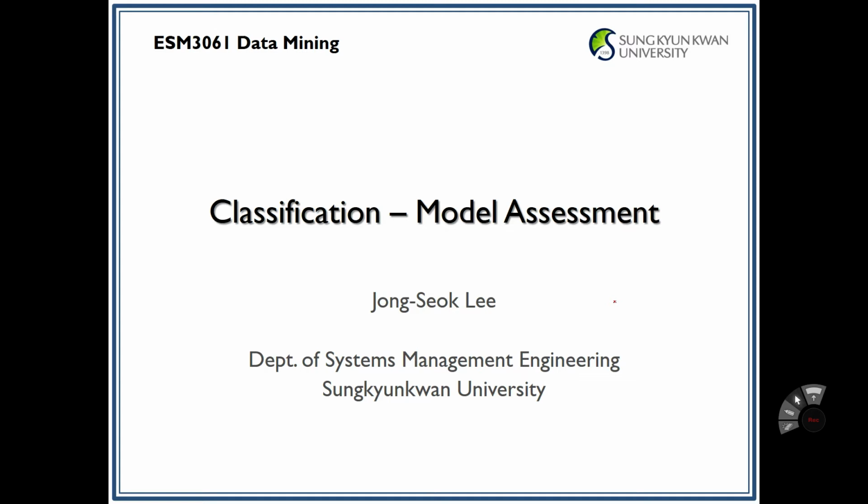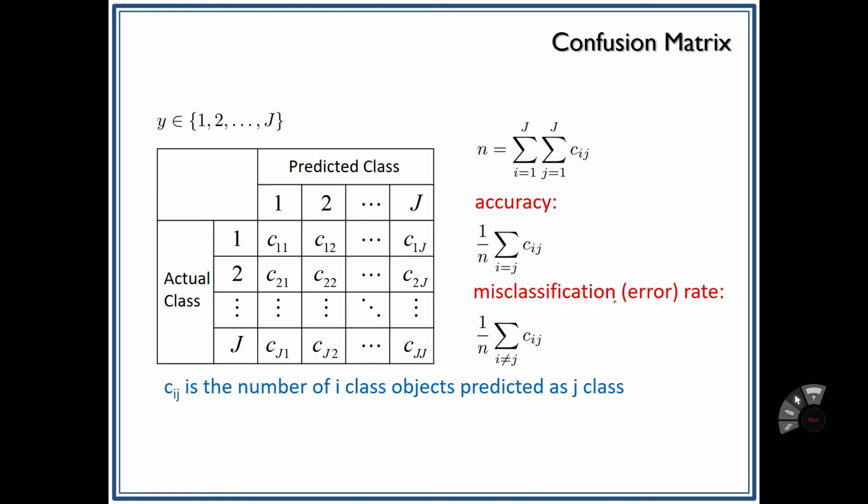I briefly showed how to do that using the R software in the previous class. What we do is make this kind of matrix, which is called a confusion matrix. In general, there are J classes, and using a training set, we train a classification model.